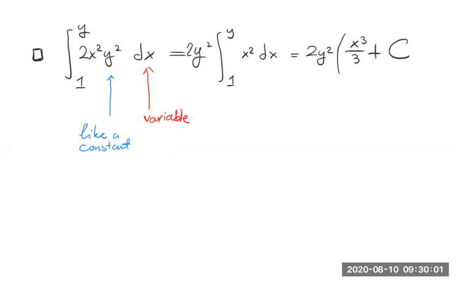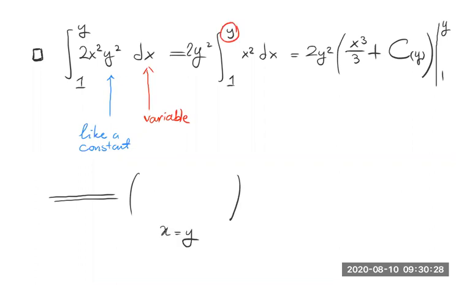But again, remember, this constant might depend on y because y behaves like a constant here. And then the values should change from 1 to y. So once I should let x be equal to y. Remember, these values are values for x because we are taking integral with respect to x.